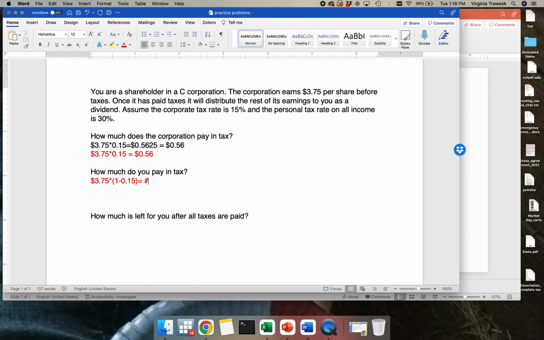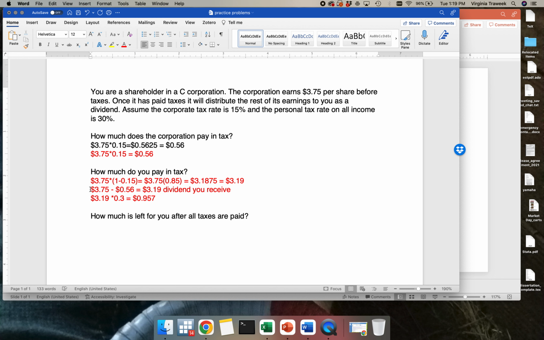So this is the same thing as 3.75 times 0.85, and that is going to equal 3.1875, which is 3.19. And I will highlight below what I did earlier. That should say you receive.